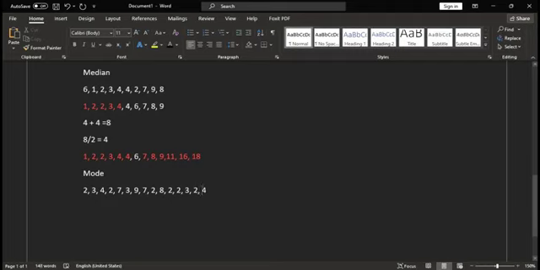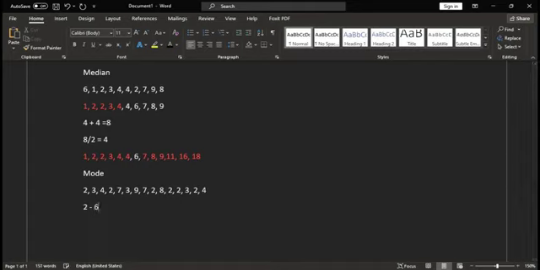Okay, if we look at this, 2 has a frequency of 1, 2, 3, 4, 5, 6.